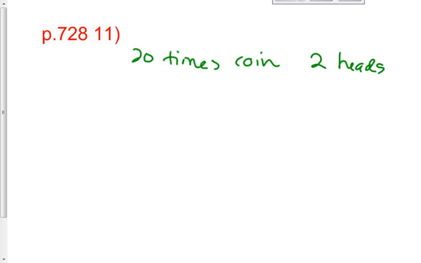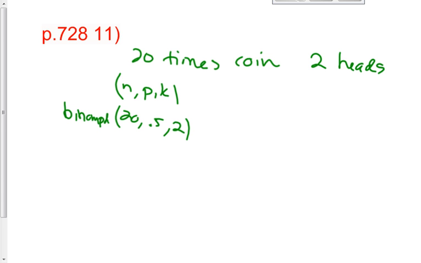We're going to go back to our binomial PDF button again. N, P, K. N is total. Probability, you're flipping a coin. The chance that you're going to get a heads or a tails is 0.5. And the successes that we want this time is the number 2. Go to your binom PDF button, and you should be able to type in 20, comma, 0.5, comma, 2.